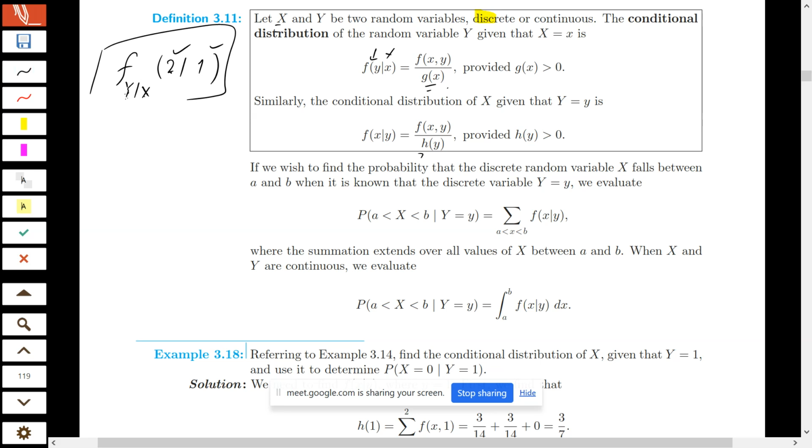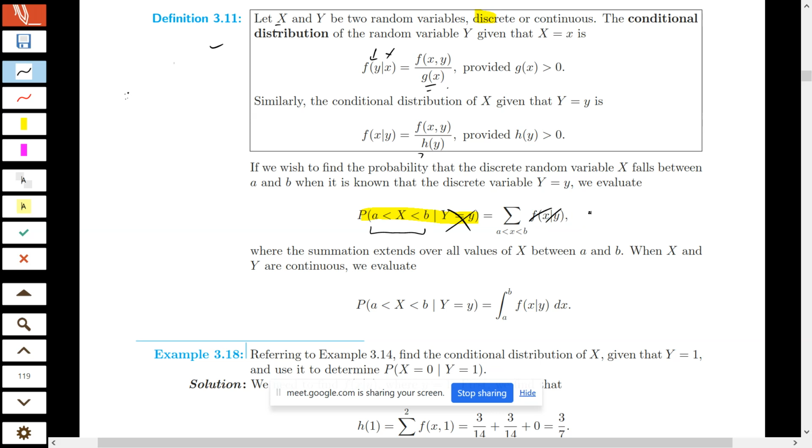Now, why are conditional distributions useful? You can answer questions of this form, which we will do today. If I remove this condition, there is no condition, and you know how to compute probabilities of this form.